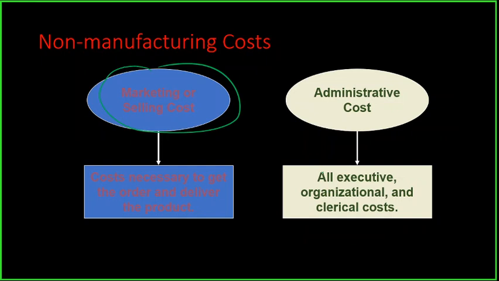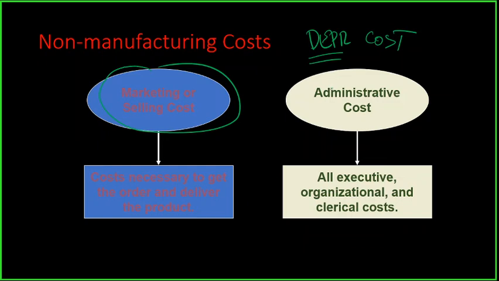One of the common questions that I get is, sir, how do you classify depreciation cost? Well, it depends. If that is a depreciation of a manufacturing equipment, then it is a manufacturing cost. Is it a direct material? No. Is it a direct labor?